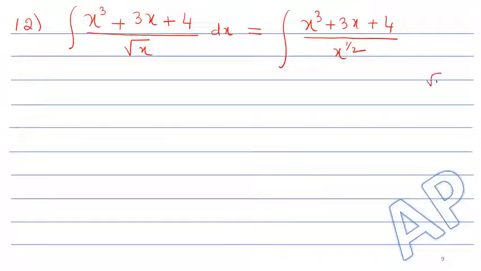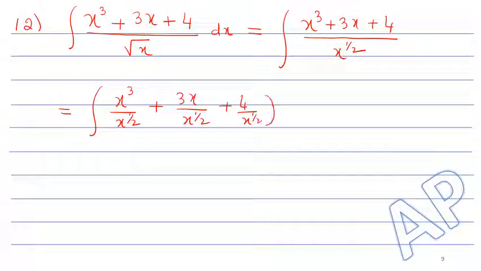Now look, root x means x to the power of 1 by 2. The root x in the denominator, we have written as x to the power of 1 by 2. Next, let us divide each term by x to the power of 1 by 2. So that we will get x cube by x to the power of half plus 3x by x to the power of half plus 4 by x to the power of half dx.